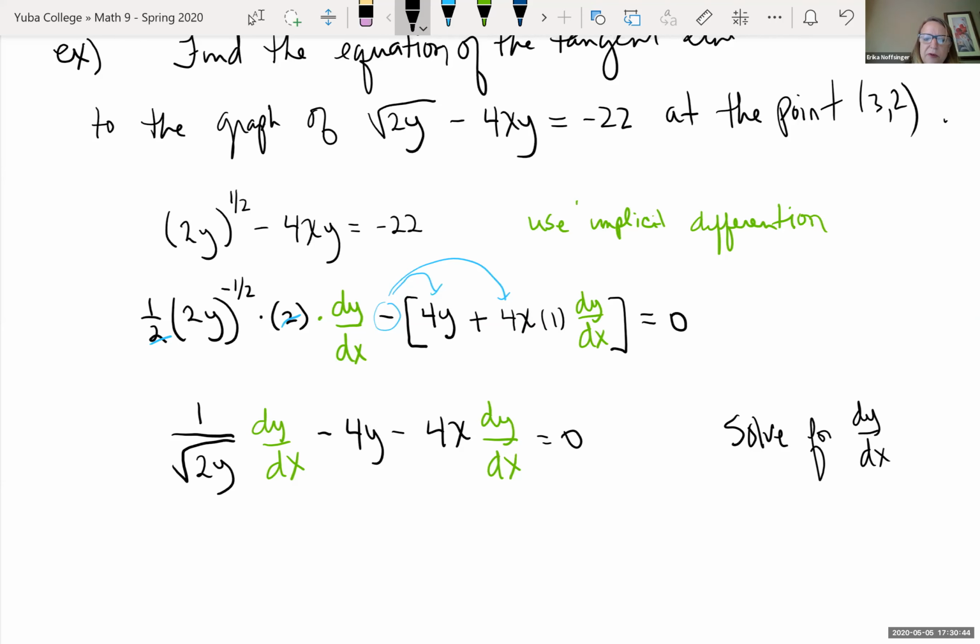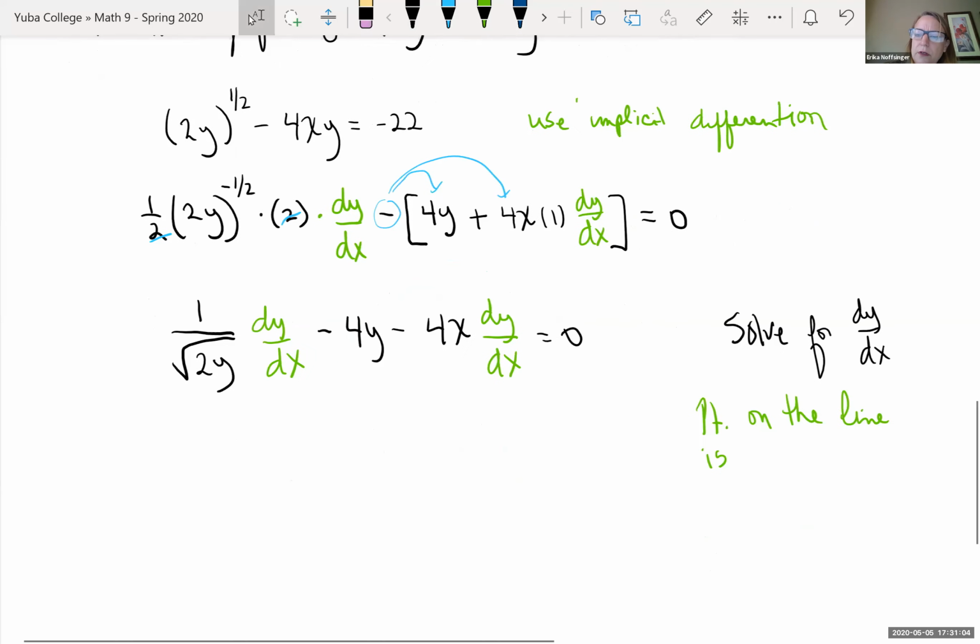Okay, so we've got to figure out what dy/dx is. We can do that right now, or we can go back and plug in values. So we know what our point is, the point on the line. That was the point (3, 2). Okay, I had to just pause for a second.